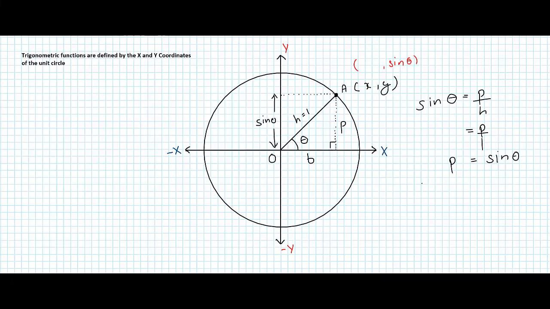Along the same lines, cos of this angle theta is the base upon the hypotenuse, which is B over 1. So the base equals cos theta. This length is cos theta. The x coordinate of this point A equals cos theta.